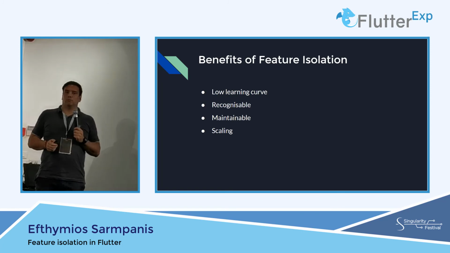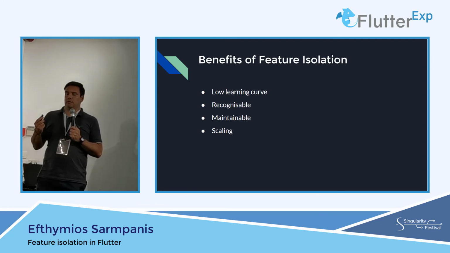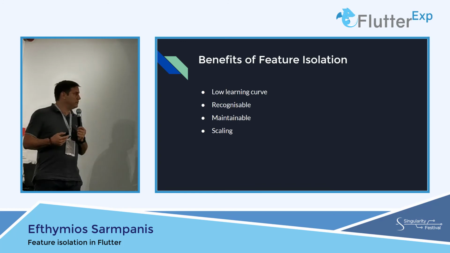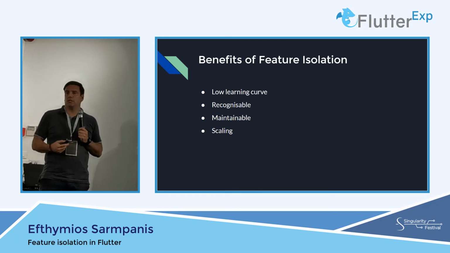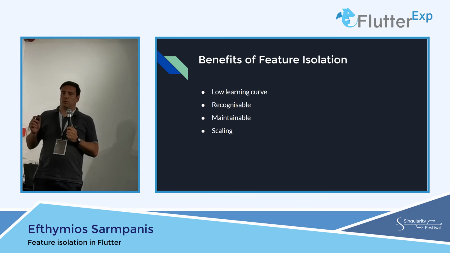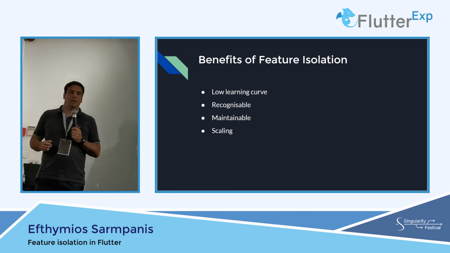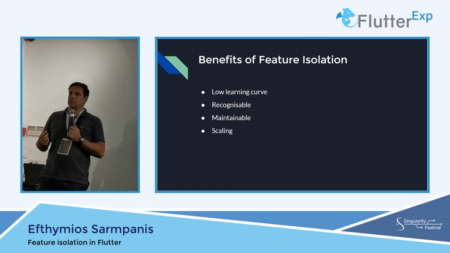It's recognizable. If you open up a repository of an application that's using feature isolation or feature packaging or feature libraries, you can immediately, without opening up a single code file, get a taste of what this application does.